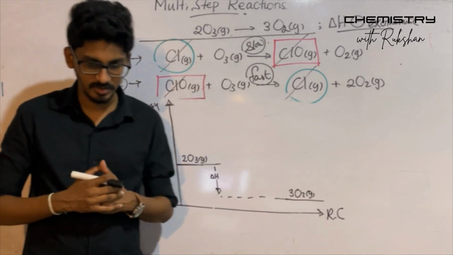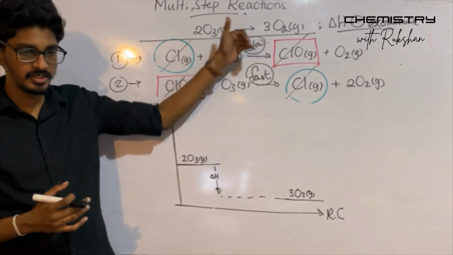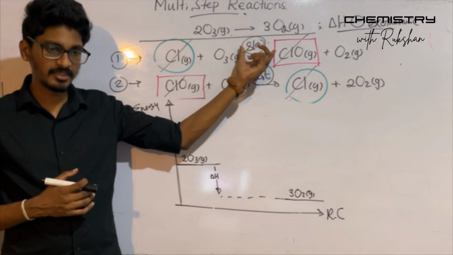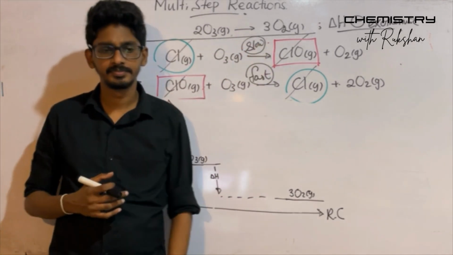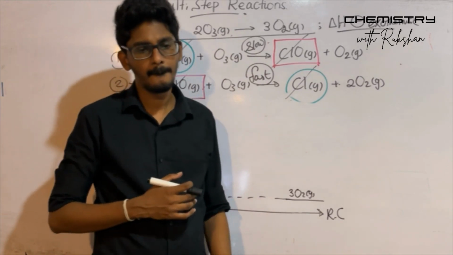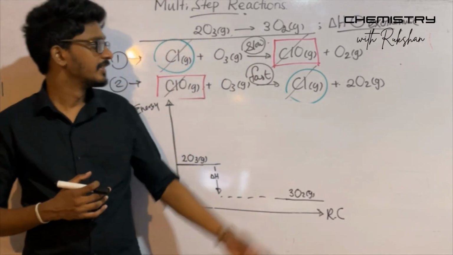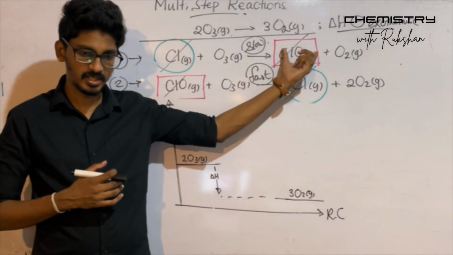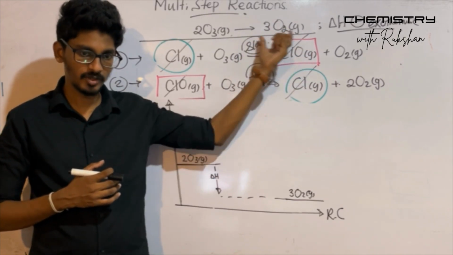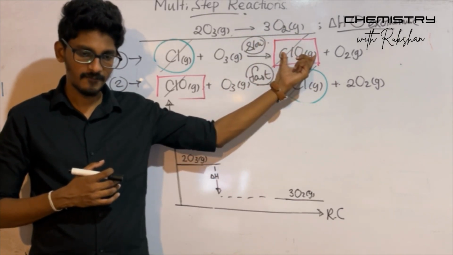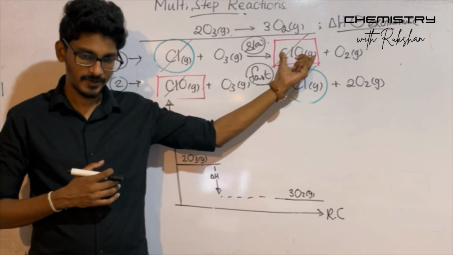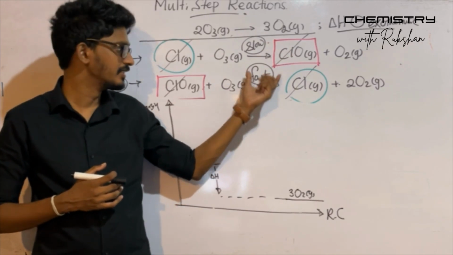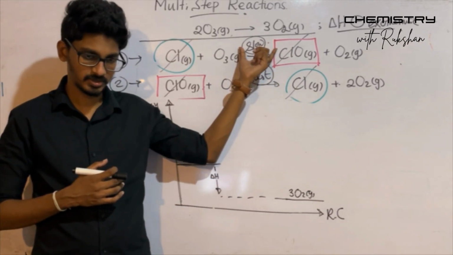So the thing is, when we are considering these two steps, this one is considered a slow step because a smaller number of products will form in a unit time for this step than for the other. That is why we consider this one as the slow step.